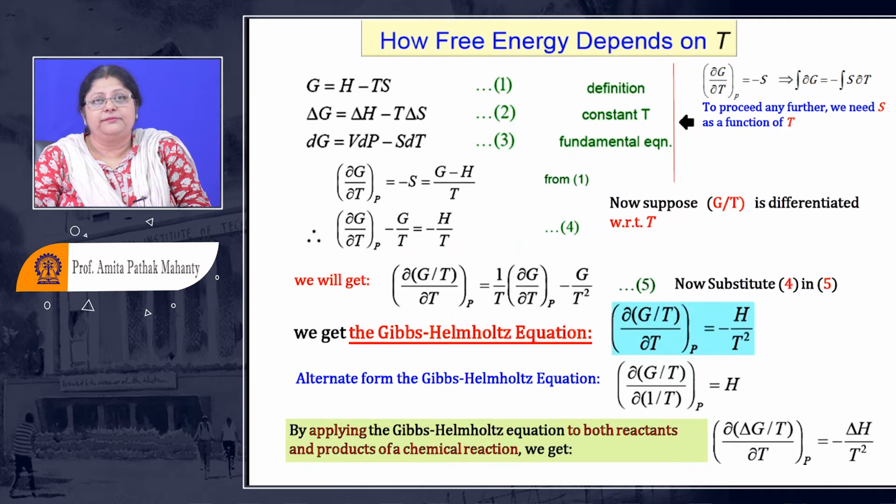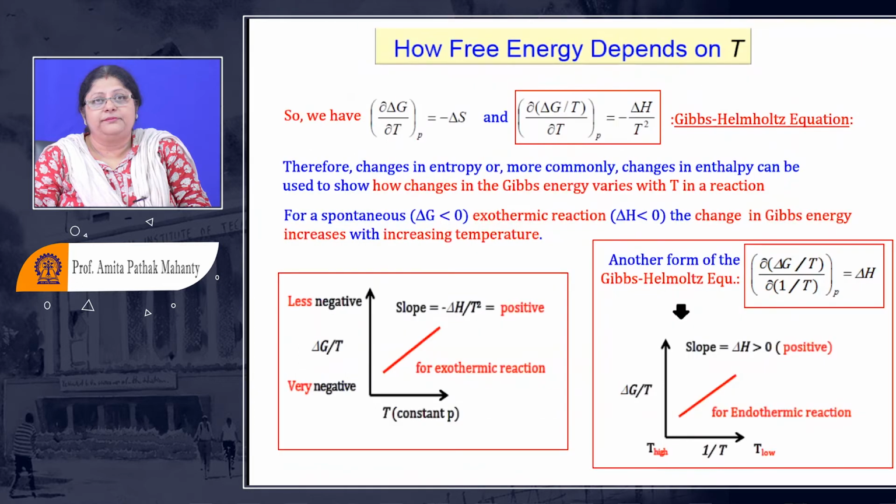So what will that be a measure of? It will be a measure of the entropy of the system, with a negative sign, for that particular reaction.